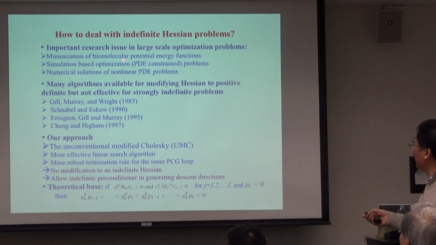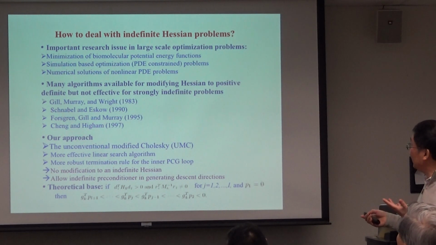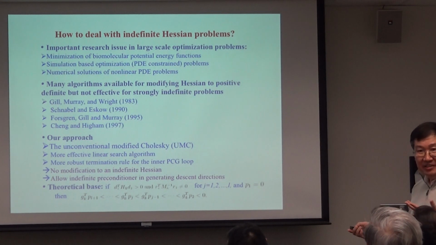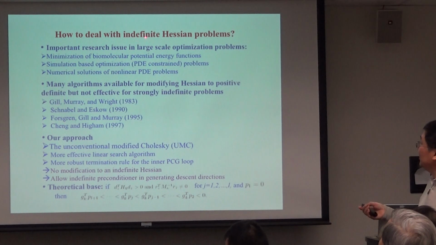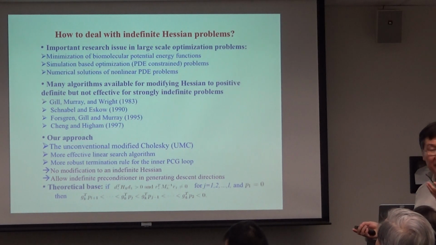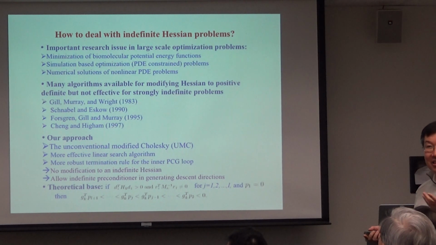Usually we have to keep the Hessian matrix positive definite. But in our approach, actually we deal with indefinite Hessian forms. This is a mathematical issue. In practice, that's why the Newton algorithm cannot apply, because the Hessian has to be positive definite.